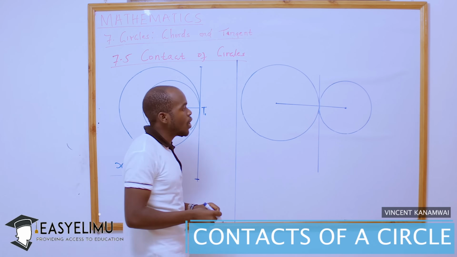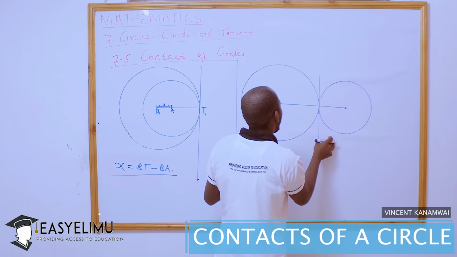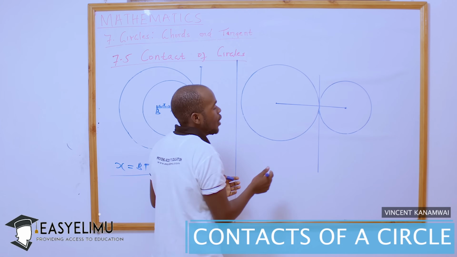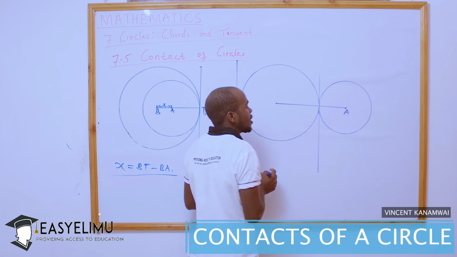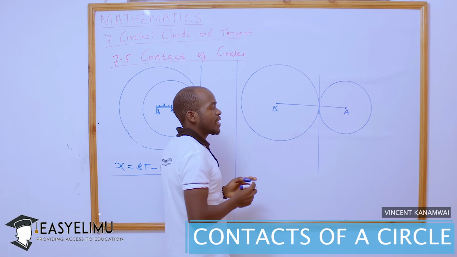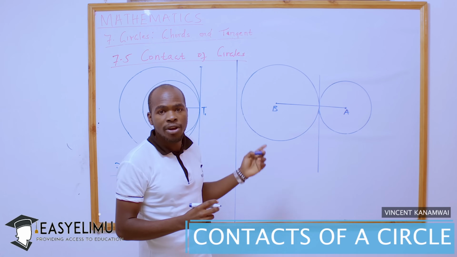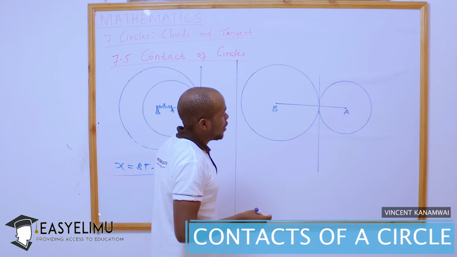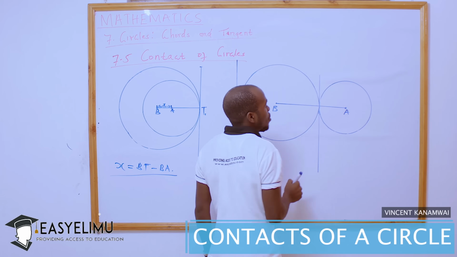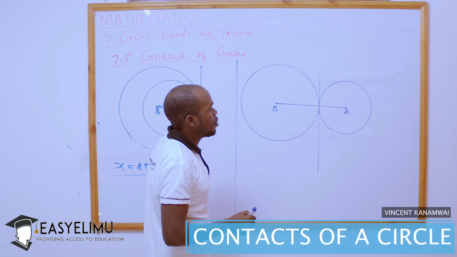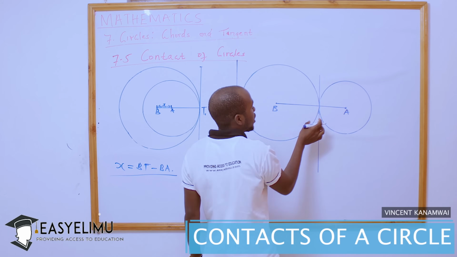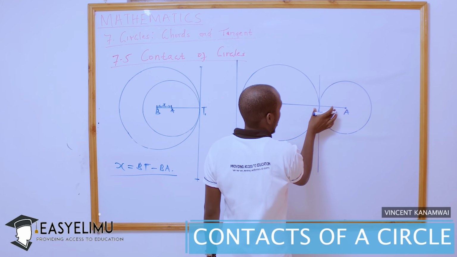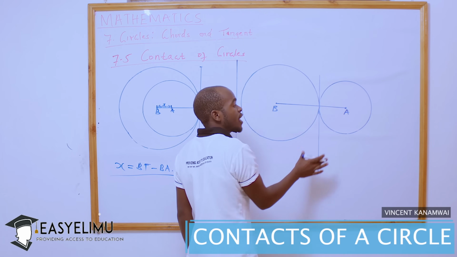Now we are looking at another one, whereby the smaller circle has center A and the larger circle has center B. As we can view, they have a common tangent, and that common tangent gives us a point of contact between the two circles.